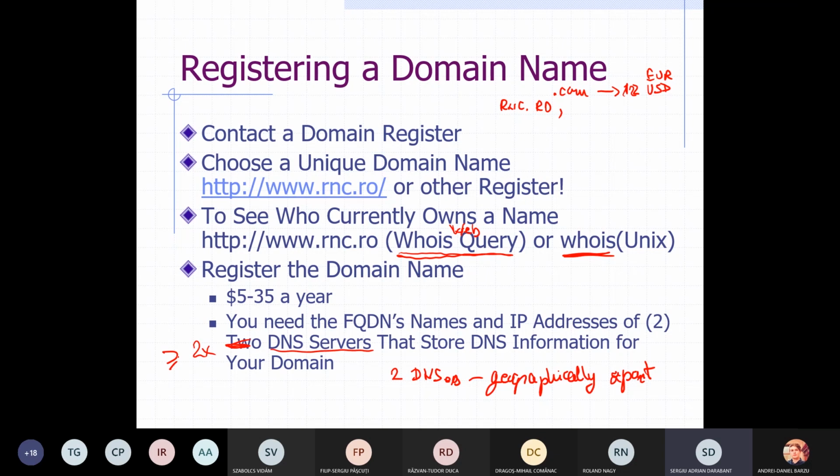So if, for example, there is an earthquake in Cluj or something happens with our servers here, or if there is a fire and the main building burns and everything inside is destroyed, we still have the ones in Bucharest. The same happens if the location in Bucharest gets destroyed, we still have DNS servers up and running. That's for disaster coverage.